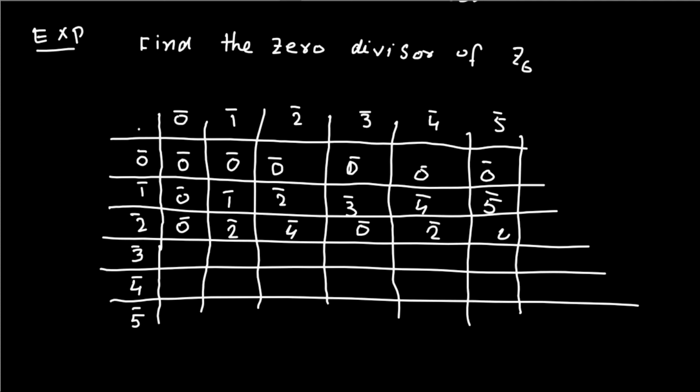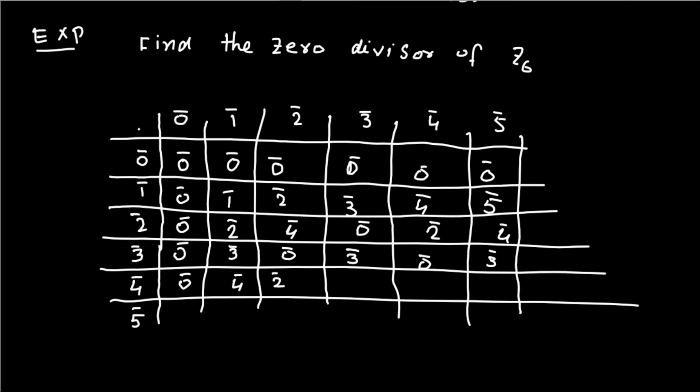Similarly 2 times 5 is 10 and the remainder is 4 after dividing by 6. Now 3: 3 times 1 is 3, 3 times 2 is 6, which means 0, 3 times 3 is 9 and the remainder is 3, and 3 times 4 is 12, remainder is 0.